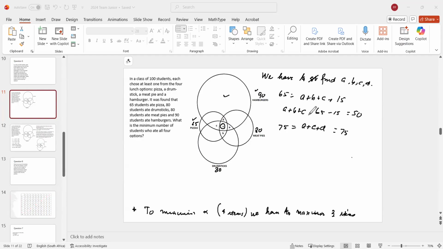So what have I got so far? I've got A plus B plus C is equal to 50, and I've got A plus C plus D equals 75. I just want to write all these under each other, so I can solve these.